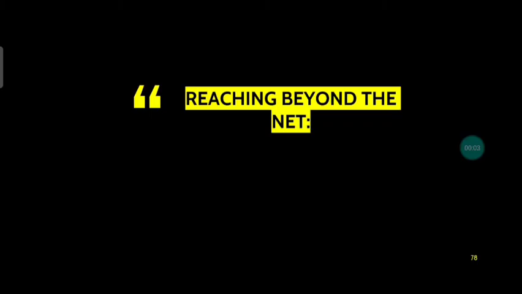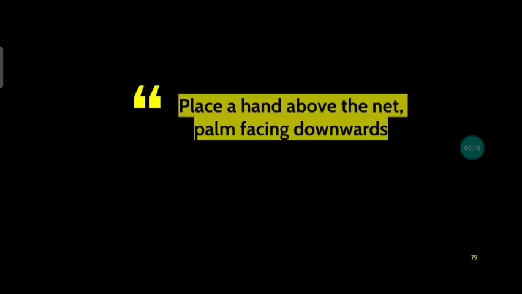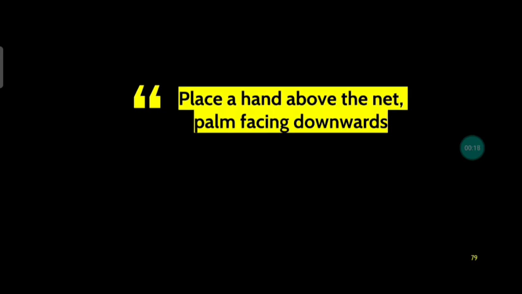Reaching beyond the net. It's considered reaching beyond the net if you contact the ball when your opponent has not used all 3 of their allotted hits. Place a hand above the net, palm facing down.